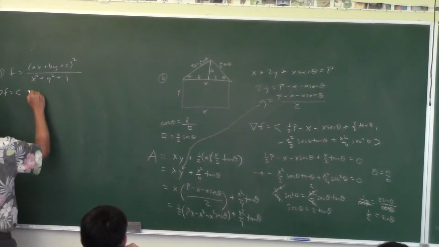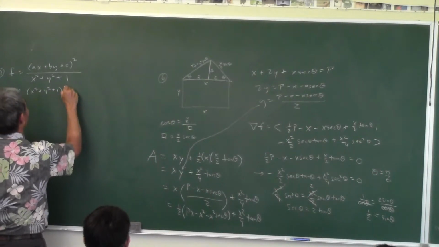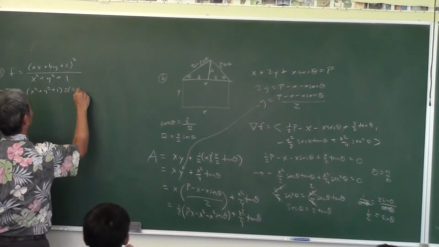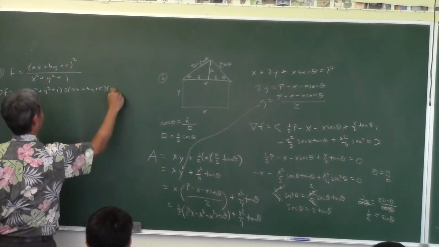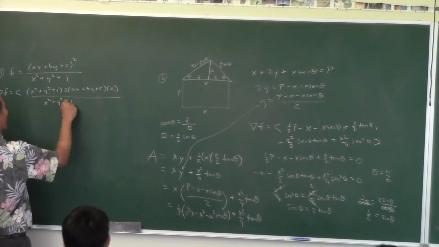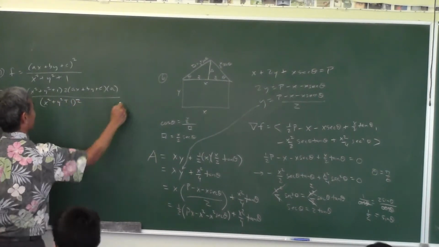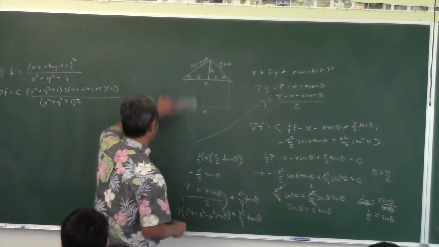Low d high: x squared plus y squared plus 1, and then low d high, 2ax plus by plus c, times a, all over the denominator squared. Low d high minus high d low. Oh wait, we're not even done yet. We gotta erase this.